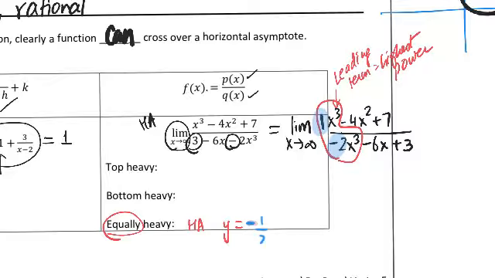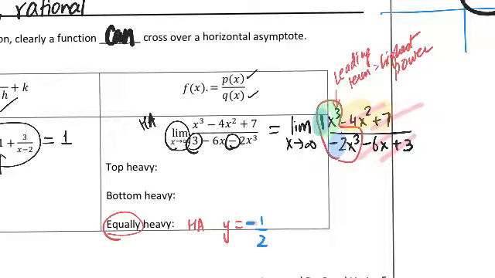Okay, and now that you guys are calculus students, you can also look at this function and understand why that happens, right? You can see that as x gets very big, these terms here, x squared and 7, are going to be very small compared to an x cubed term. As x becomes bigger and bigger and bigger, these terms are going to be much smaller than the x cubed term. So the top function is going to look more and more like x cubed, and the bottom function similarly is going to look more and more like negative 2 x cubed.